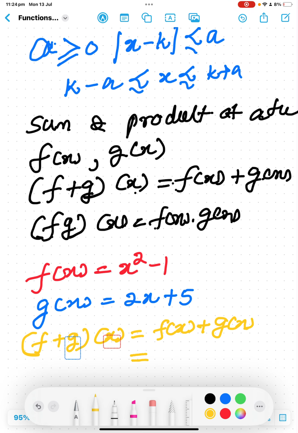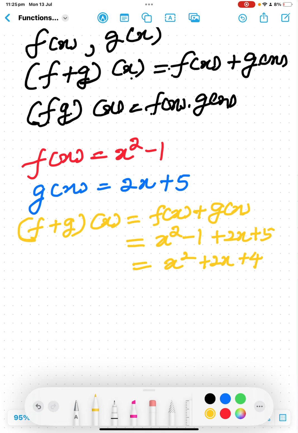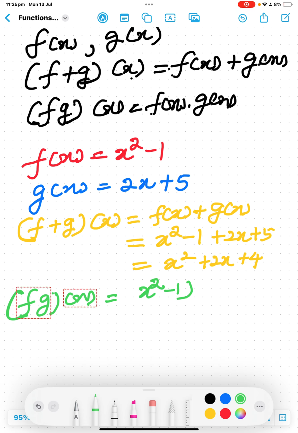So that would be x squared minus 1 plus 2x plus 5. That would be x squared plus 2x plus 4. For the product, it would be (x squared minus 1) times (2x plus 5).